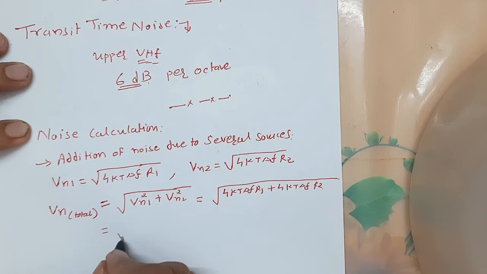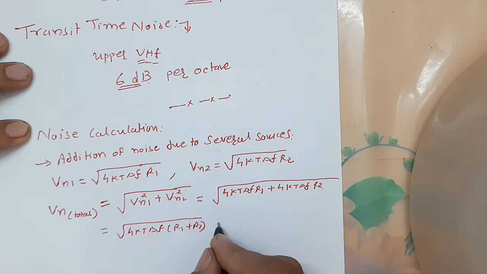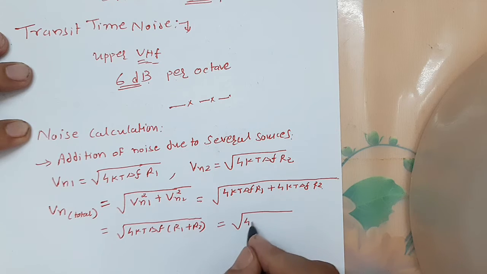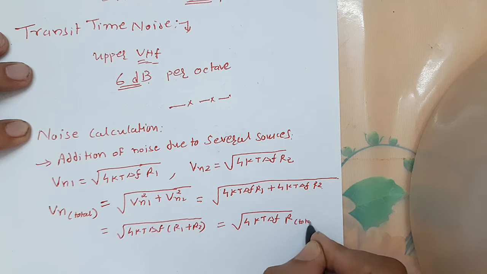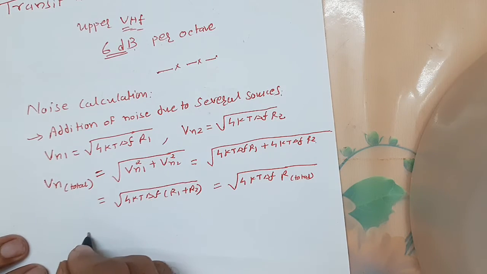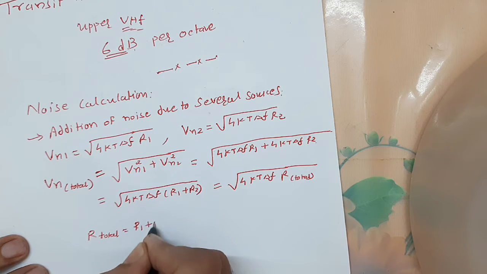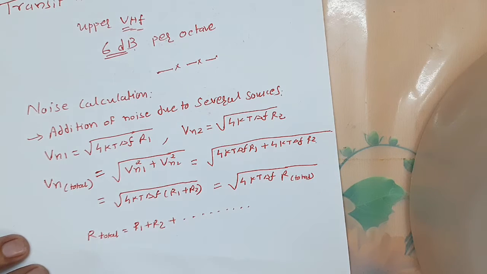That is equal to under root of 4 kT delta F times R1 plus R2, and that is equal to under root of 4 kT delta F R total. Here R total is equal to R1 plus R2, or more, then R3, R4 and so on.